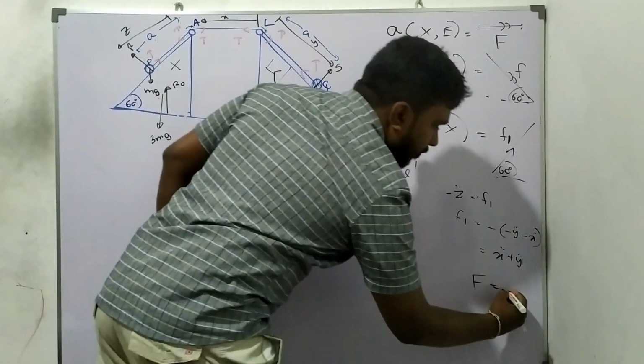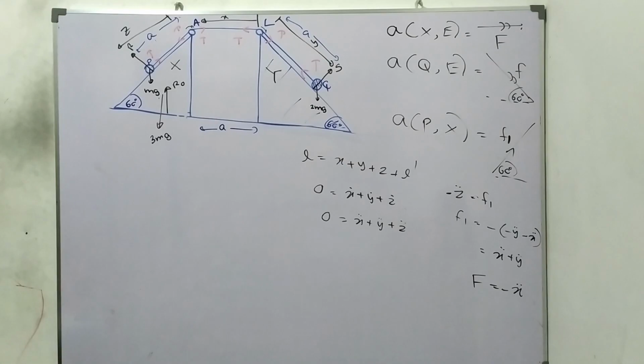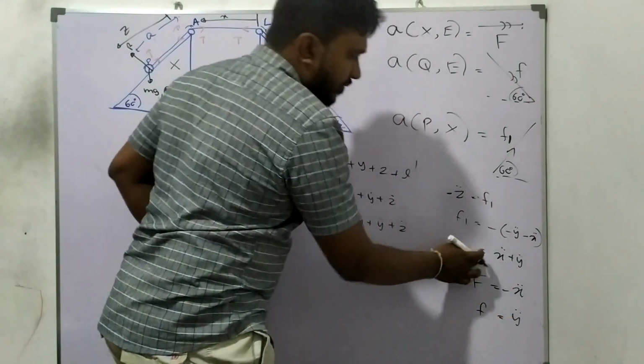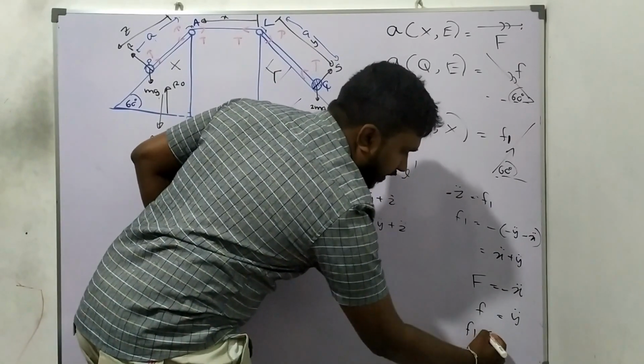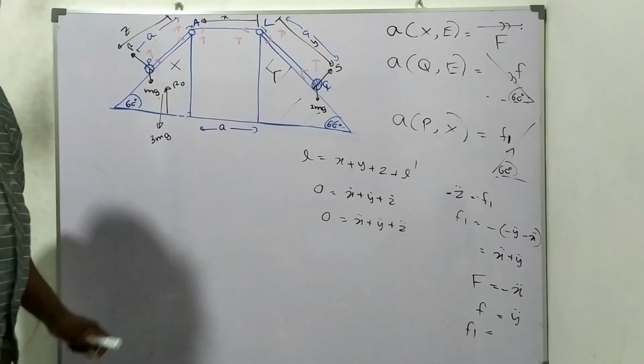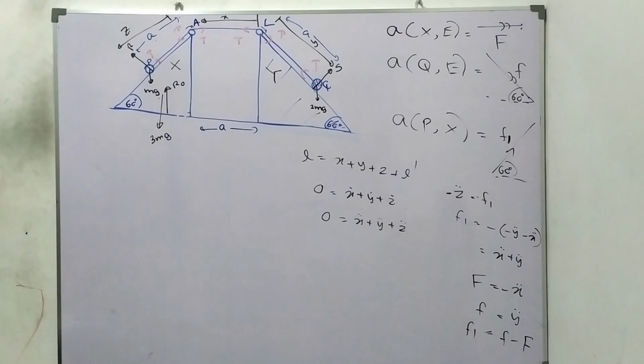So that means minus X double dot. Then Y double dot is the same, Y double dot equals simple F. So that means simple F1 can be written as simple F minus capital F.